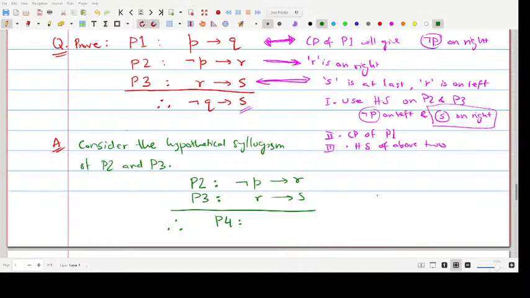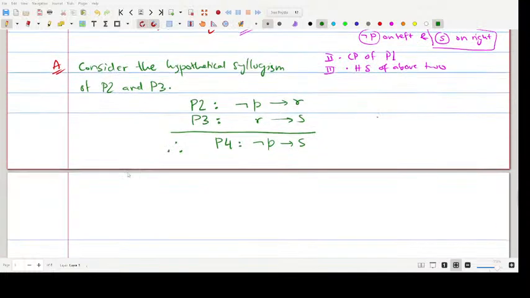It's like a quantum state, it can be in different states at different points of time. Similarly, this particular proposition, negation P implies S, right now is the conclusion of this inference. Later, we are going to use this same proposition as a premise. That's why we are naming it P4.